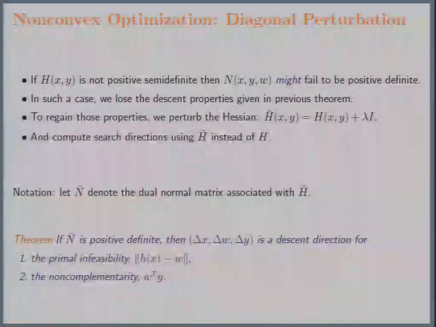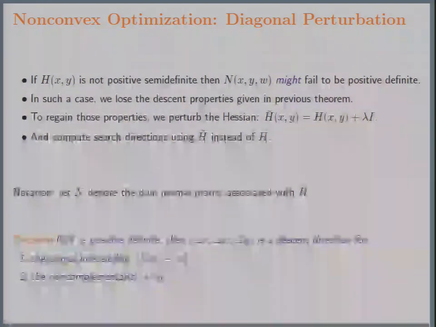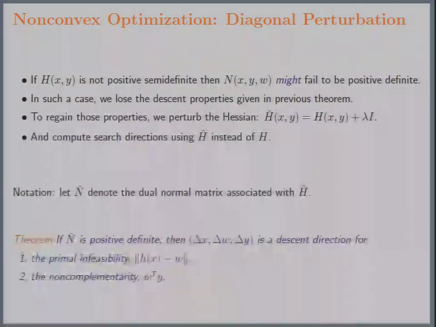All right. So what are we going to do if it's not okay? If the dual normal matrix is not positive semi-definite, then we lose the conclusions of the previous theorem. And so we don't have descent directions.